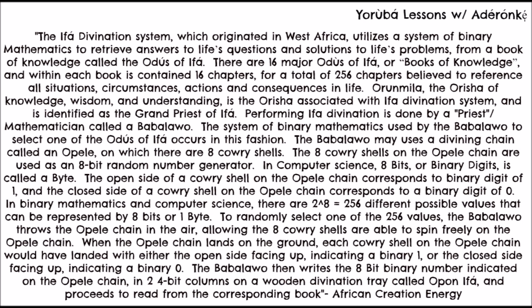When the Okpele chain lands on the ground, each cowrie shell would have landed with either the open side facing up, indicating a binary 1, or the closed side facing up, indicating a binary 0. The Babalawo then writes the 8-bit binary number indicated on the Okpele chain in 2 4-bit columns on a wooden divination tree called Opoifa, and then proceeds to read from the corresponding book.